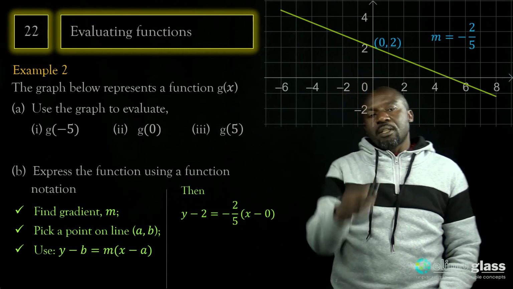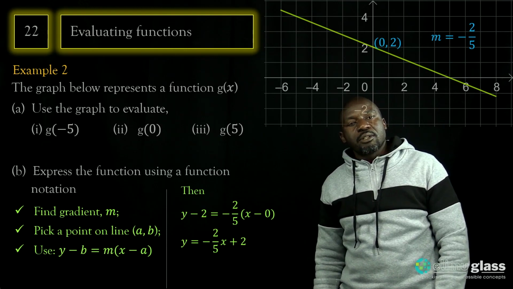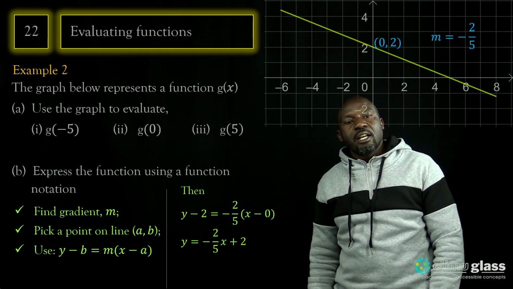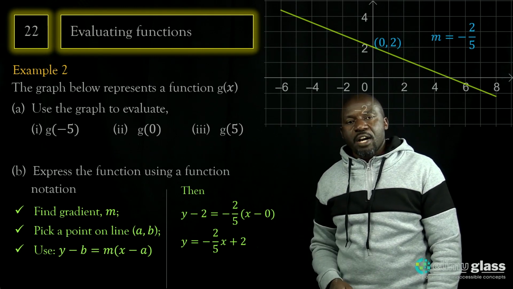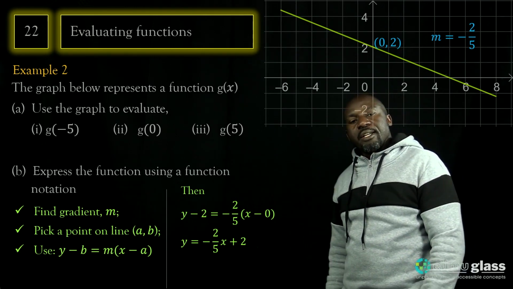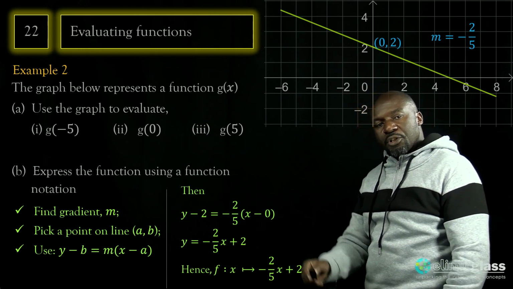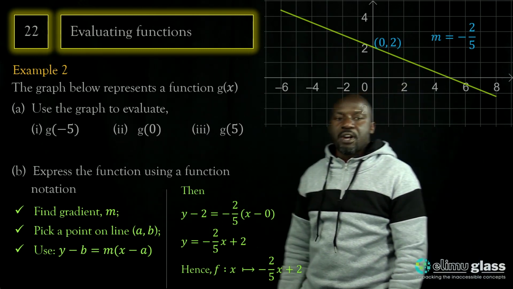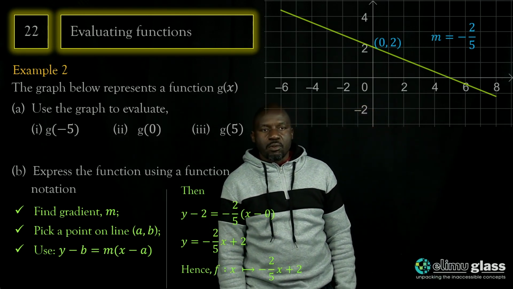So the equation of this line is, in fact, the line y is minus 2 over 5x plus 2. And because of that, now we can write our relation notation and say f is such that x maps onto the rule, which is the function itself.